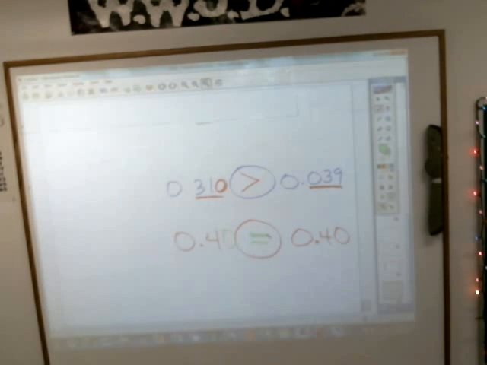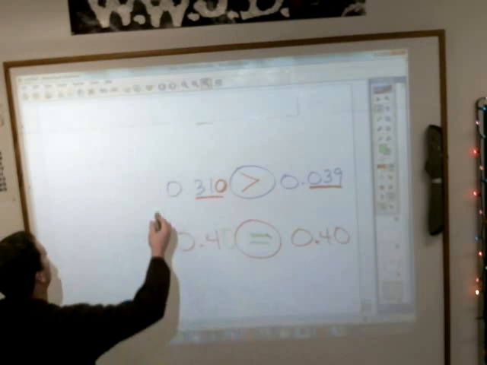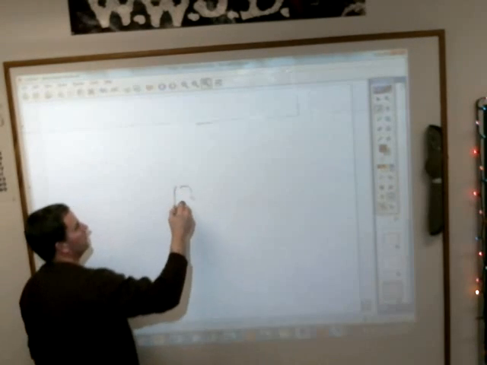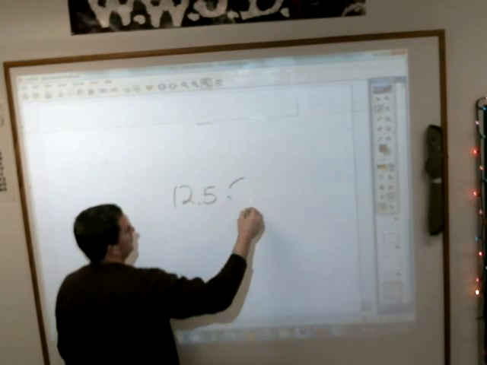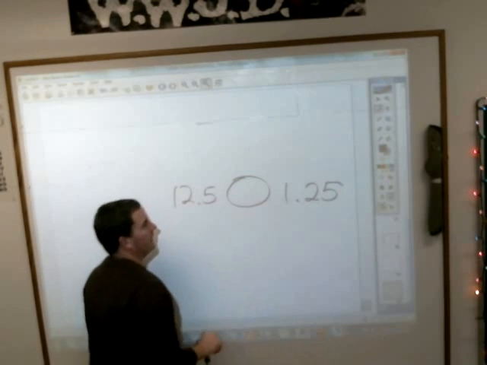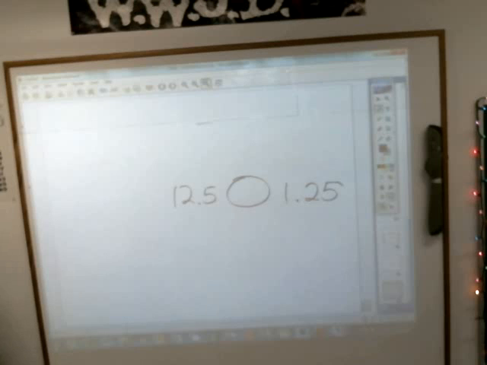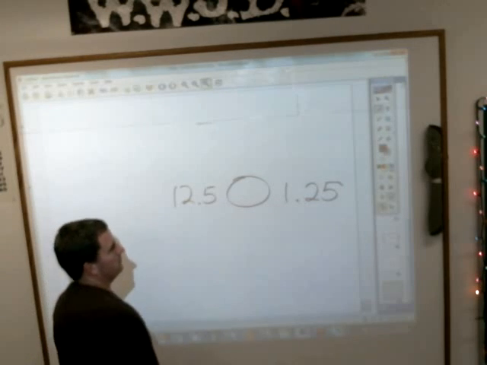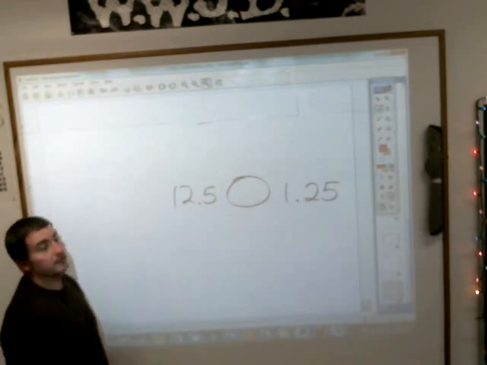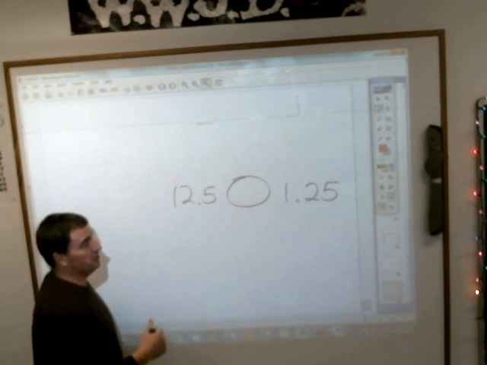How about this one? 12.5 or 1.25? What's bigger? Jacob, 12.5. How do you know? Because, well, 12 is a whole number. You don't sometimes even have to look at the decimal, look at the number.